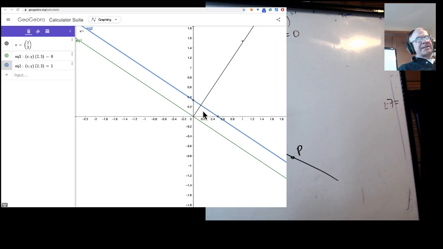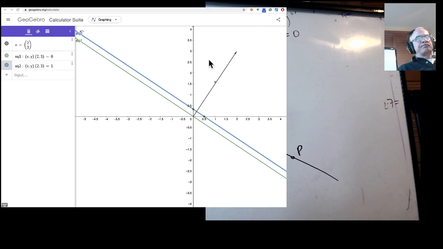It moved by some amount. Where did it move to? If you look at the vector v, the blue line moved a bit in the direction of v.